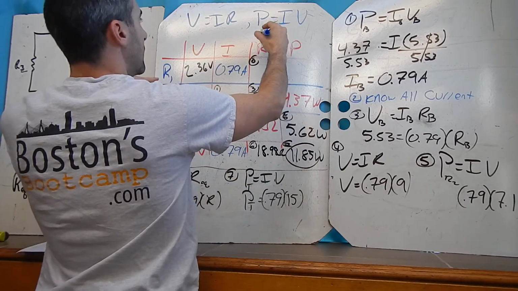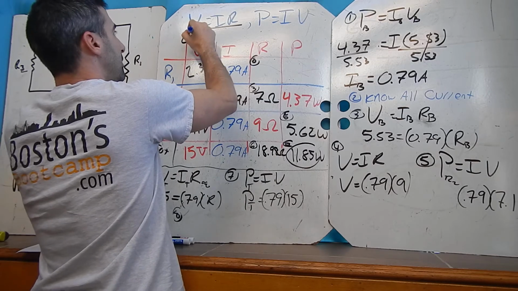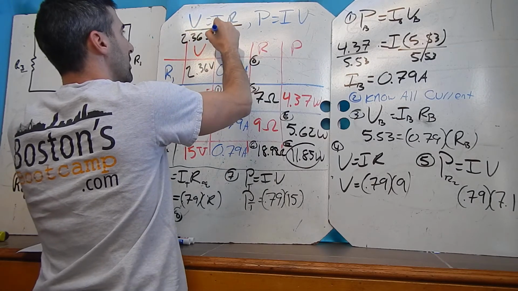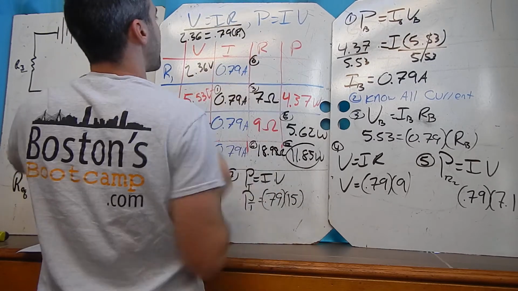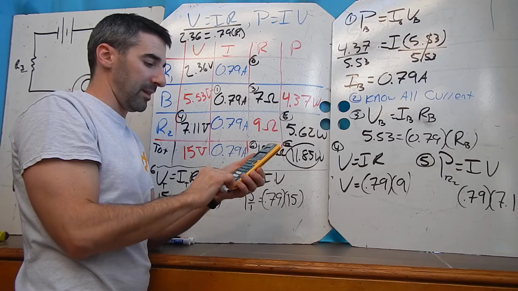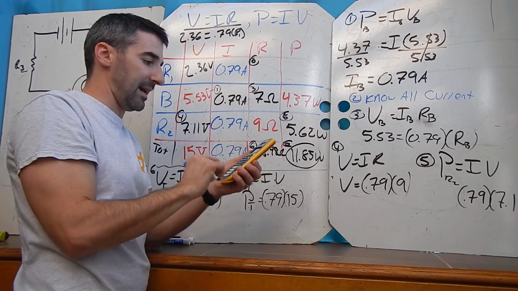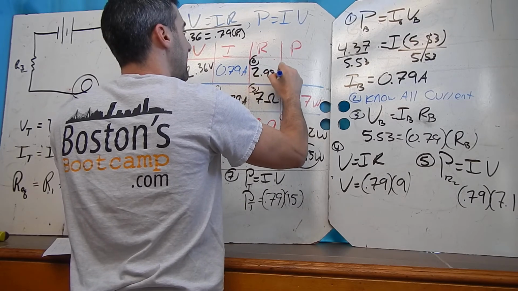If I do V equals I times R, 2.36 equals 0.79 times R1, solving for R1. 2.36 divided by 0.79. That comes out to 2.98. 2.98 ohms.